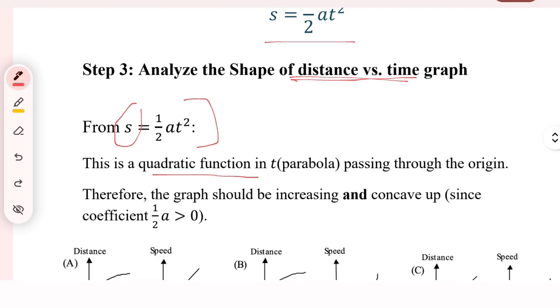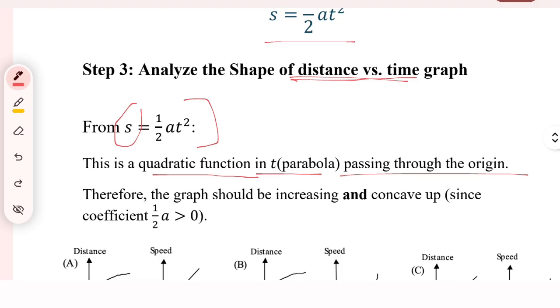Because in 1/2 at squared, t is raised to the power of 2. Remember what a quadratic equation is? If the highest power of the variable is 2, then it is quadratic. Therefore, this is a quadratic function, so it is a parabola passing through the origin.